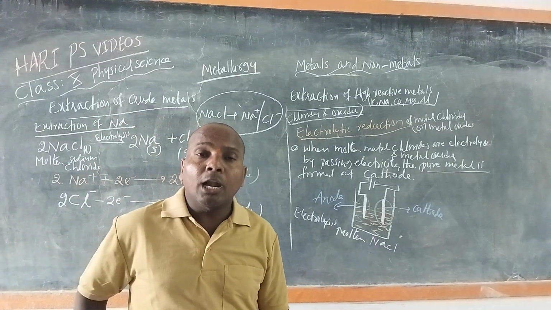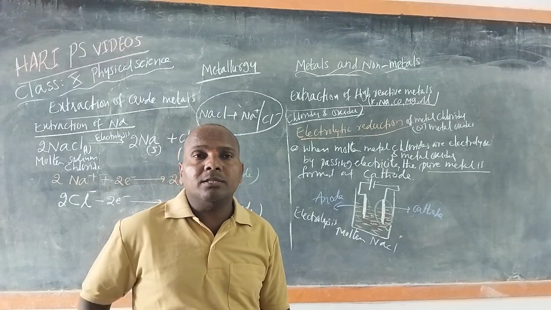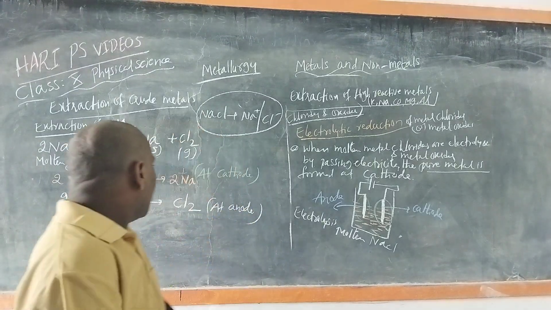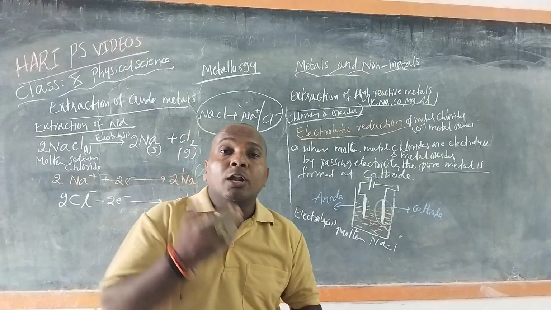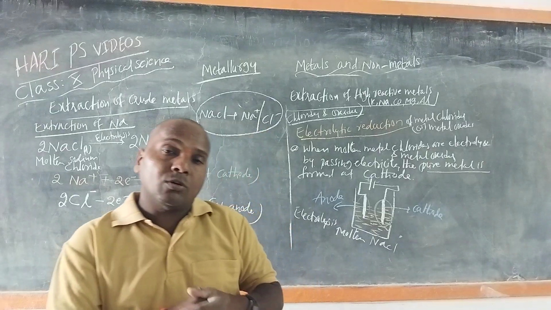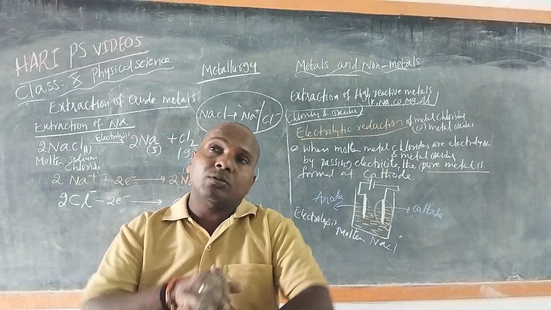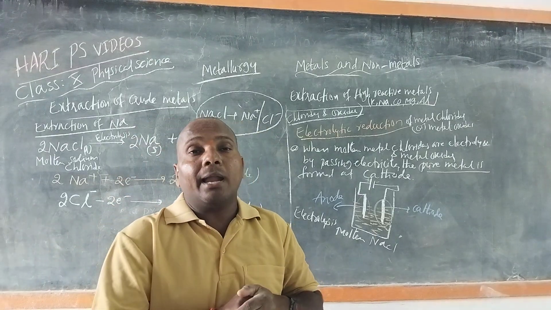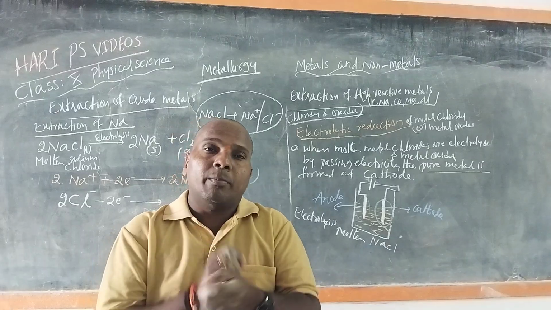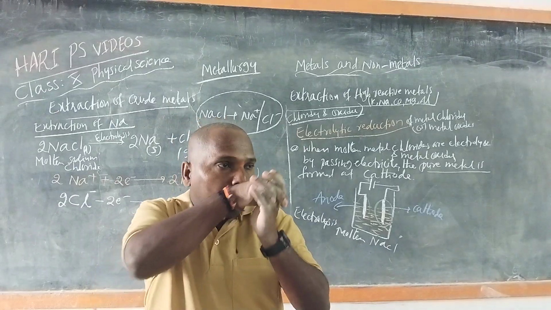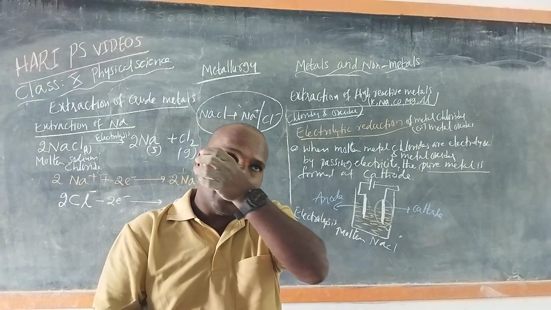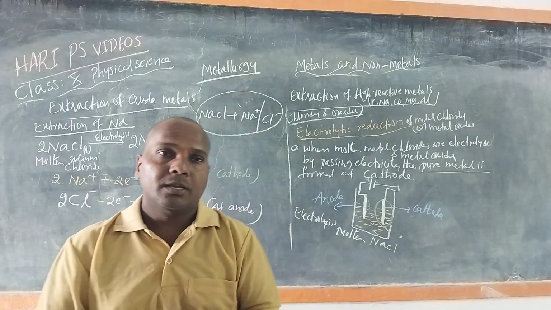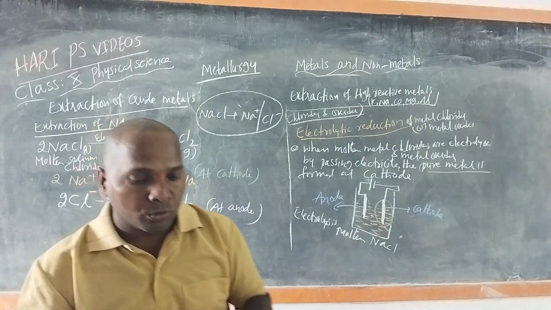But aluminium is obtained from aluminium oxide. Aluminium oxide is also called alumina, and the most abundant ore for aluminium is bauxite. Bauxite is Al2O3.